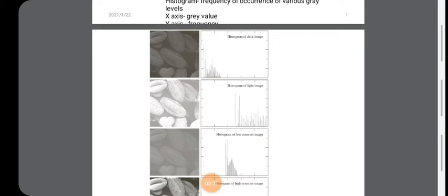The third one is in between the first image and the second image. The first image is fully black, and the second image is a little brighter than the first. The third image is better than the first image, but not up to the mark of the second image.